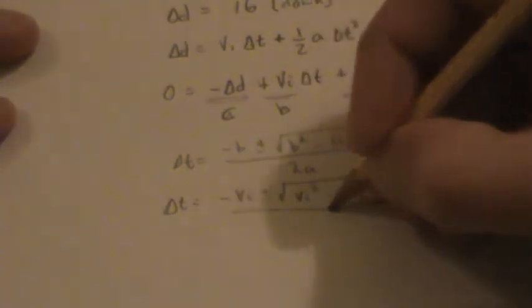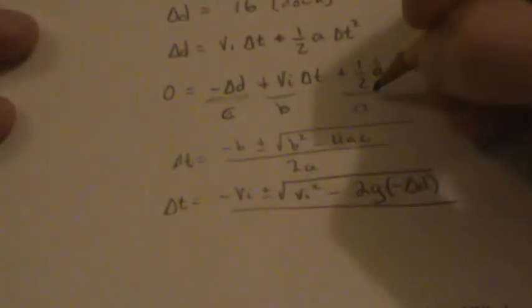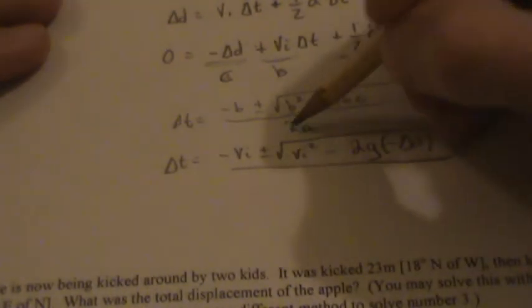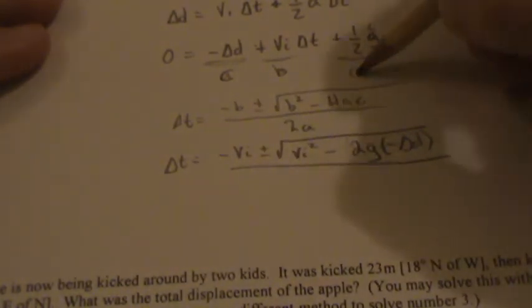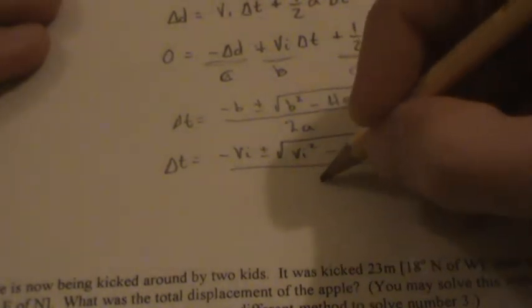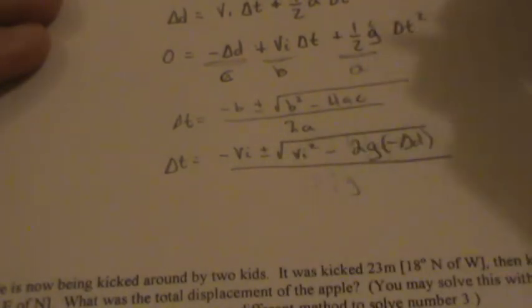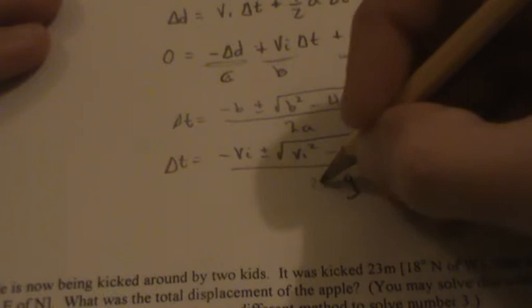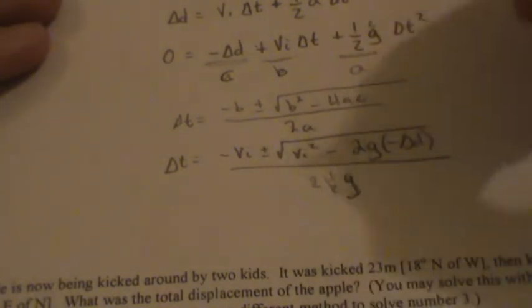And then this is actually going to be 2 times a, or 2 times 1/2 g. Well, 2 times 1/2 g is actually just g, because the 2 and the 1/2 cancel.